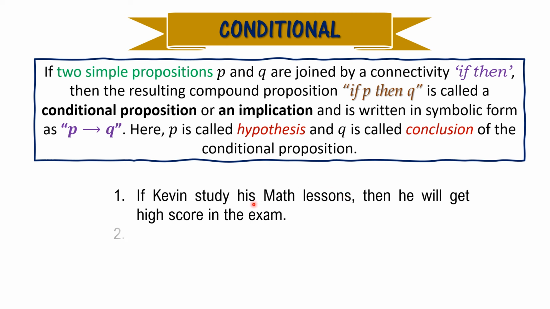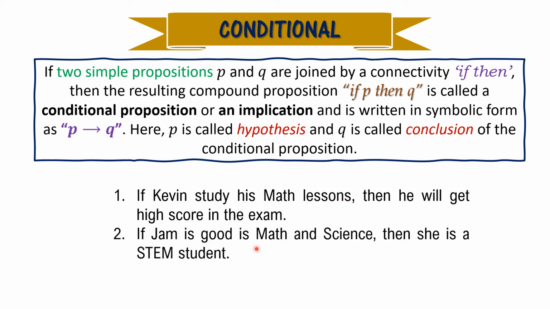Next, we have, if Jam is good in math and science, then she is a STEM student. So our conclusion here is she is a STEM student. Why did you conclude that she is a STEM student? What is your basis? So you have an educated guess. That is, your hypothesis is that Jam is good in math and science. Therefore, you concluded that she is a STEM student.